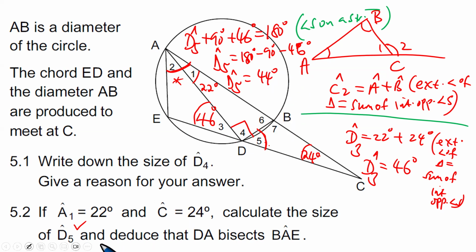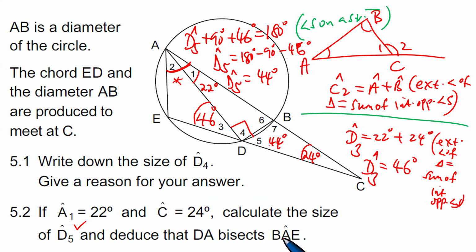Okay, so this question was saying, calculate the size of D5. We can see clearly the angle D5, as Tando was saying, and thanks for the answer, Tando, is 44 degrees. Now, they said calculate the size of D5 and deduce that DA, like the Democratic Alliance in South African politics, DA bisects BAE.